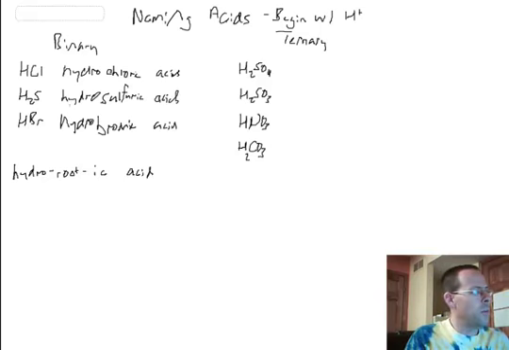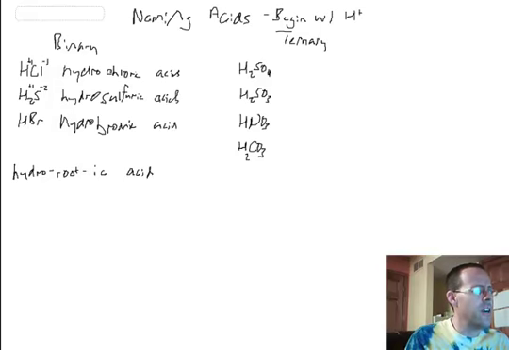Over here, we only had one H with our hydrochloric, because what is chlorine's charge? It's a -1, and hydrogen's a +1, so we need a 1-to-1 ratio. Similarly, sulfur is a -2, and because hydrogen's a +1, we need 2 of these for every 1 sulfur.